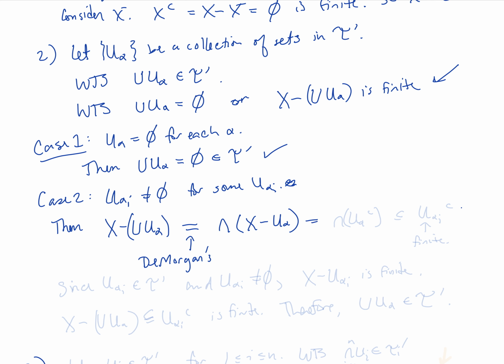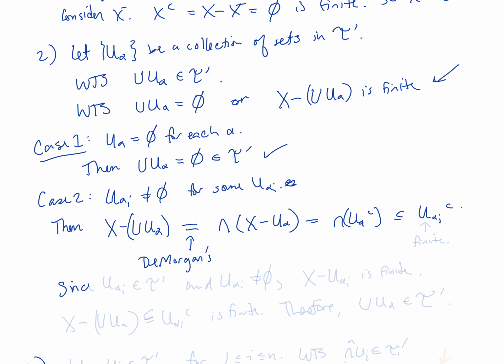So, okay, great. Now what can we say about that? This is the same thing as the intersection of the U alpha complements. The intersection of a collection of sets is a subset of any one of them, right? So this is a subset of U alpha i complement. And we said that U alpha i was not equal to the empty set.